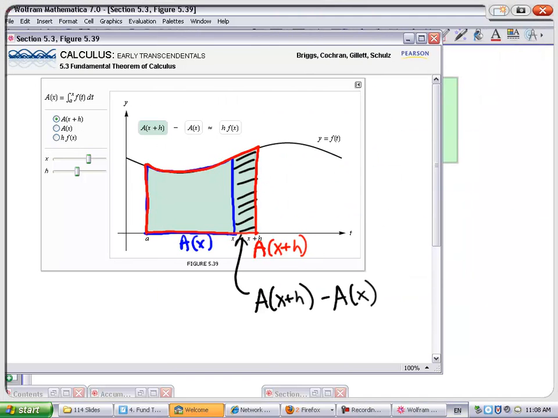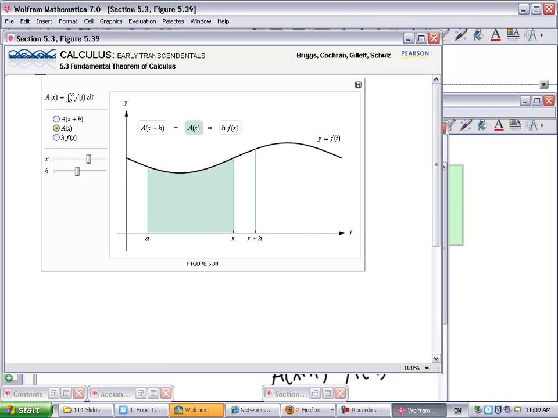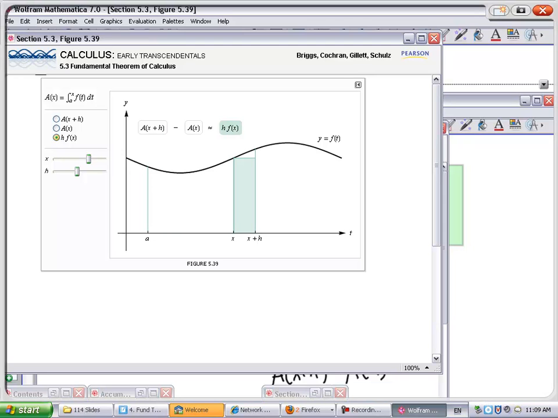All right, so now let me show you that. This is the area at X. There's the area at X plus H. So that difference there, remember, is the area of X plus H minus the area of X. And let's compare that with just a rectangle for H times F of X. So this black area is very close to the area of that blue rectangle.